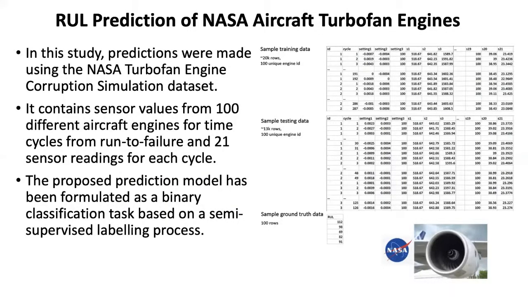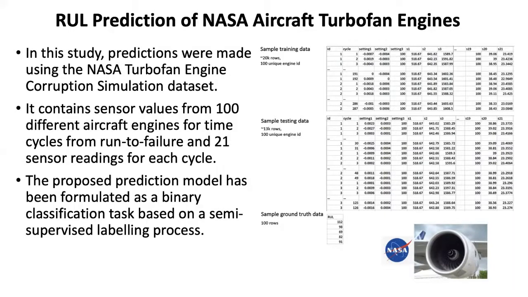We try to predict the remaining useful life of the NASA aircraft turbofan engines. It is the turbofan engine degradation simulation dataset, and it contains sensor values from 100 different aircraft engines for time cycles from run to failure, and 21 sensor readings for each cycle. In the figure, we can see an example of the training dataset and its features.